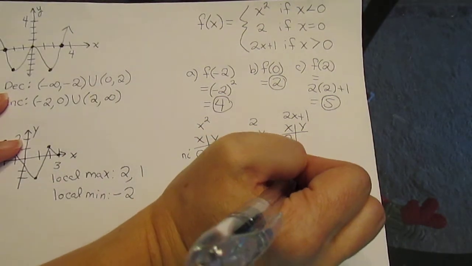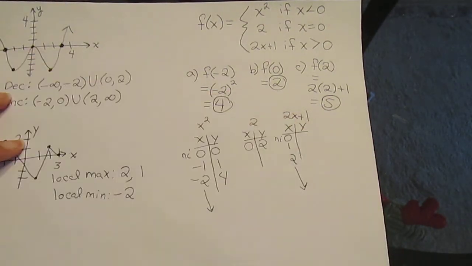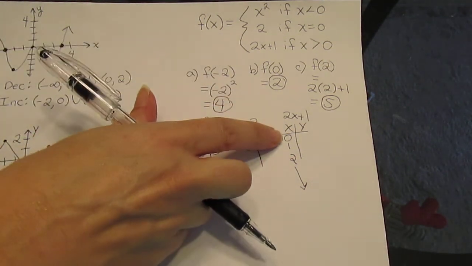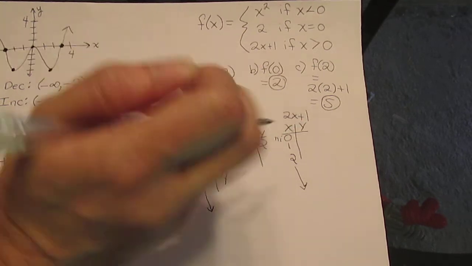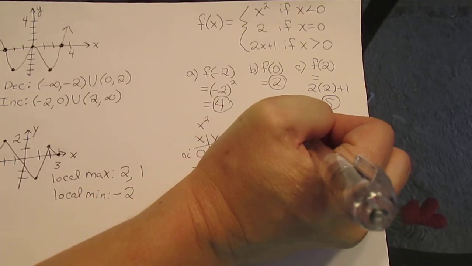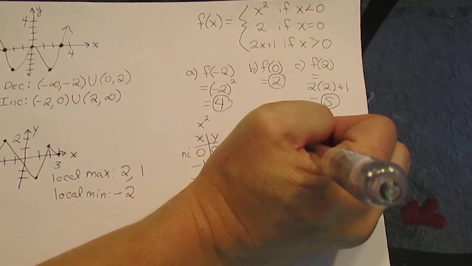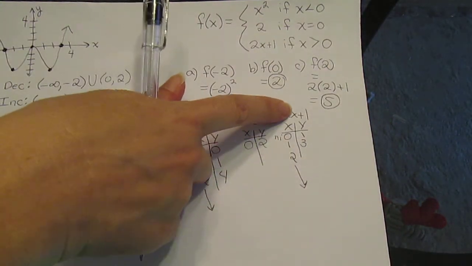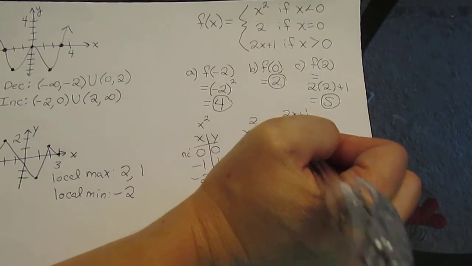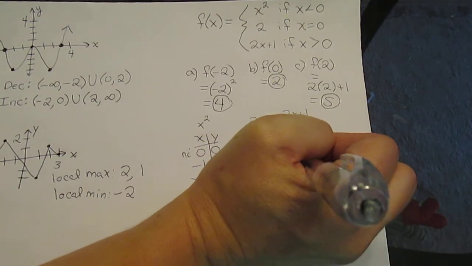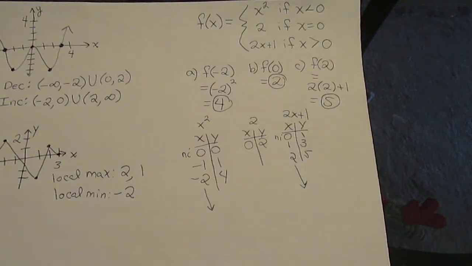So I'm going to draw an arrow. And we'll just plug everything in. So plug 0 in, we get 1. Plug 1 in, we get 3. And plug 2 in, and we get 5. And we're ready to graph it.